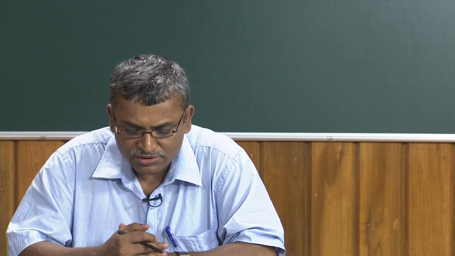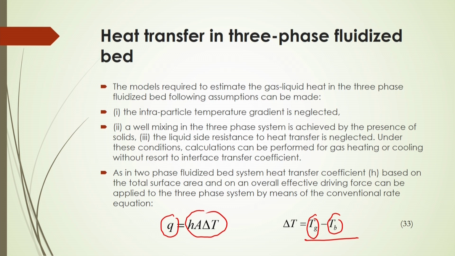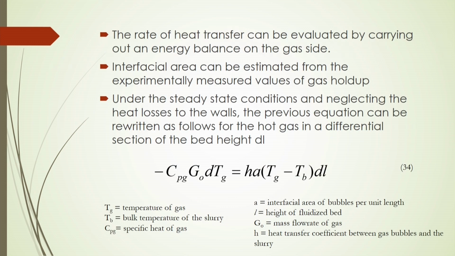Under these conditions, calculations can be performed for gas heating or cooling without resort to interface mass transfer coefficient. As in the 2 phase fluidized bed system, the heat transfer coefficient based on the total surface area and on the overall effective driving force for the temperature can be applied to the 3 phase systems to calculate the convective heat transfer rate or heat transfer coefficient.